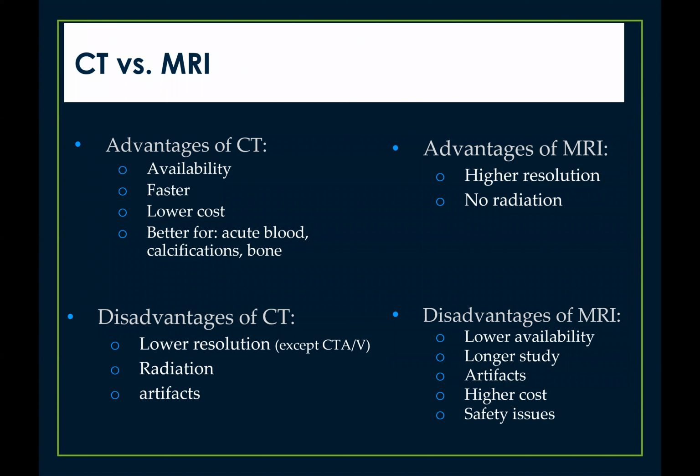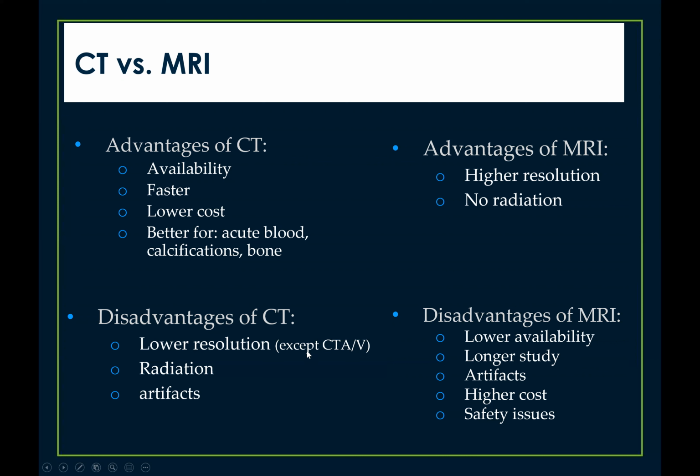What are the advantages and disadvantages of the different imaging modalities? CT: widely available, fast study, lower cost compared to MRI, and it is actually better for detection of acute blood, calcifications, and evaluation of the bone. It has, however, lower resolution. The exception would be for CT angiogram and venogram.